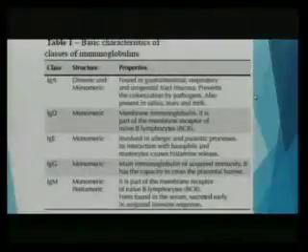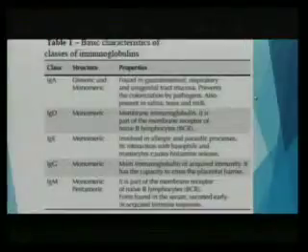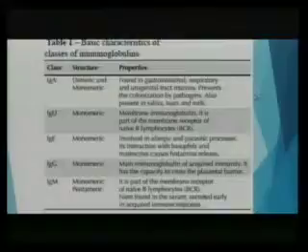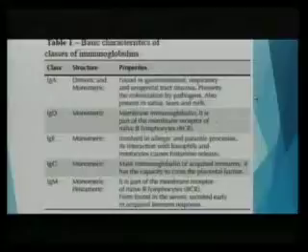IgA is typically found in the GI tract, respiratory tract, and genital tract, and you can also find it in breast milk, saliva, and tears. IgE is typically involved in allergy and parasitic processes. And you have IgD, but typically nobody checks the IgD level unless you're worried about periodic fever syndromes. We don't really know the true function of it in the immune system.